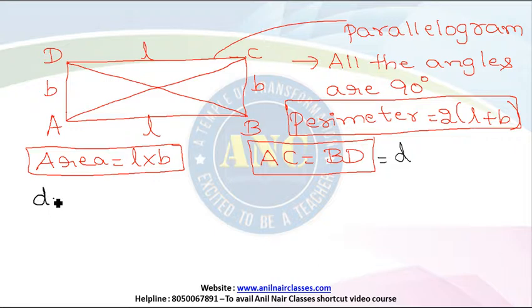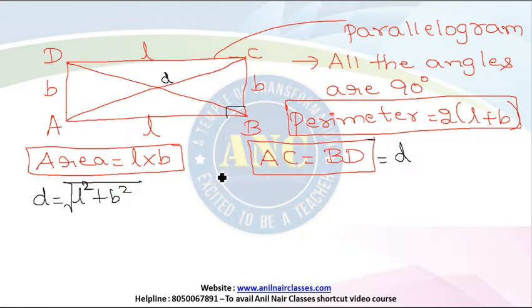That d is given by, if I apply the Pythagoras theorem, because it is 90 degrees, this is L square, this is B square, diagonal is d, right? So d square is equal to L square plus B square, and d is square root of L square plus B square. The diagonal of a rectangle is always the square root of L square plus B square, and both diagonals are equal in length.